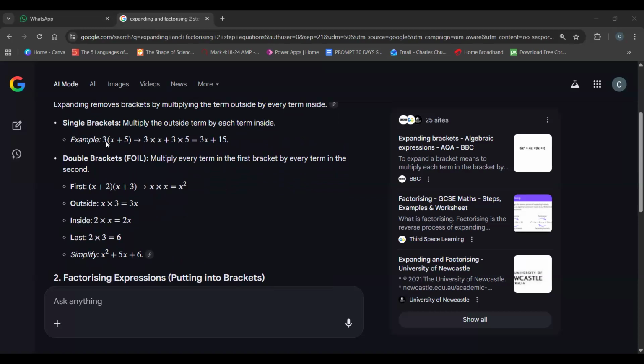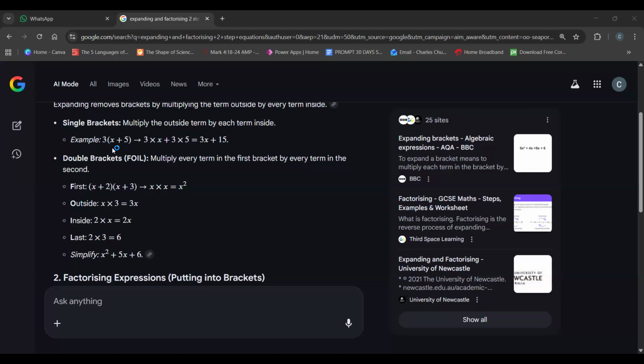The one that says single bracket. Multiply the outside term by each term inside. This one is a simple skill, and I'm sure you already know how to do it.